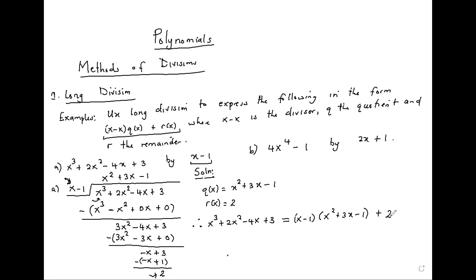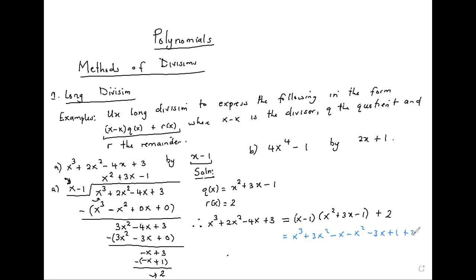So this can actually help you check if what you're putting is correct. You can quickly do the multiplication and see if you still get the question. So if you do that, x times x, we'll have x3, and then we'll have 3x squared, and then we'll have minus x squared minus 3x plus 1 plus 2.